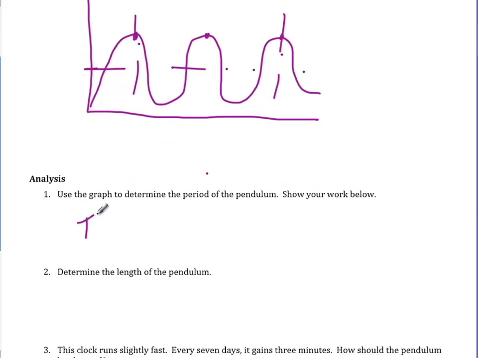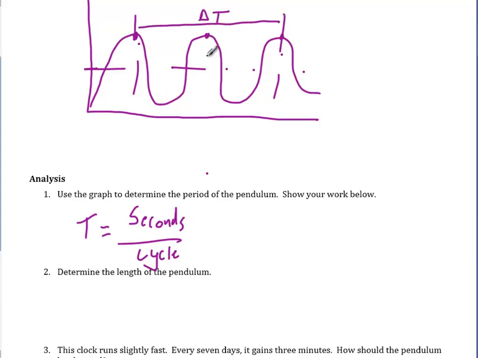Well, period T is seconds per cycle. So if you take this time interval right here, I'm going to call it delta t, and divide it by 2 cycles, so time delta t divided by complete cycles gives me my period.